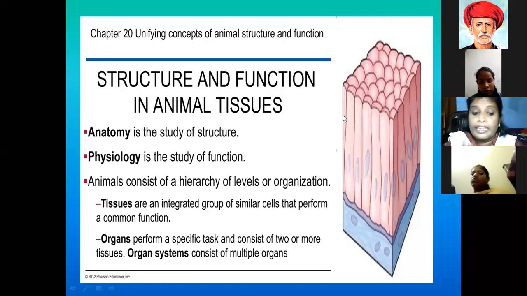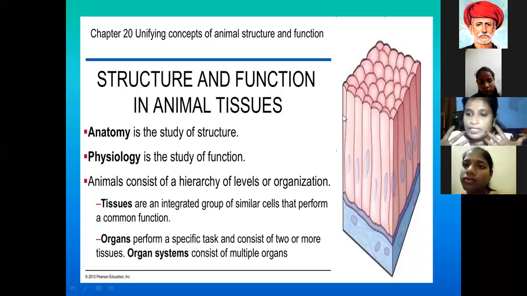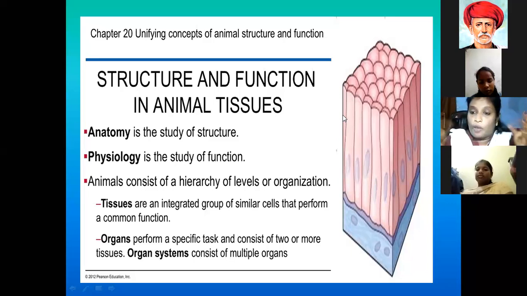Okay. Next, organs perform a specific task and consist of two or more tissues. ఒక ఆర్గాన్ ఏర్పడాలి అంటే టూ ఆర్ మోర్ టిష్యూస్ కన్సిస్ట్ ఆఫ్ టూ ఆర్ మోర్ టిష్యూస్. రెండు లేక అంతకన్నా ఎక్కువ టిష్యూలు అవసరపడతాయి.